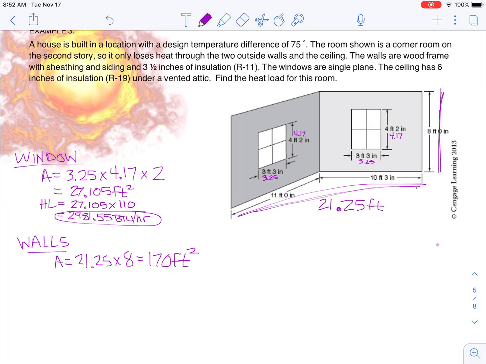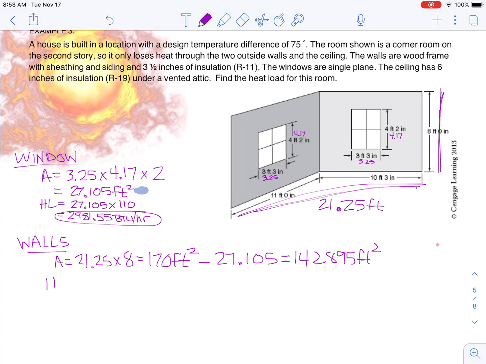But remember, the walls and the windows are made of different material, so we have to go back here and take this area of our windows and subtract it off the area of our walls, because we want just the wall itself. So we get 142.895 feet squared. So that's the area of just the walls themselves.